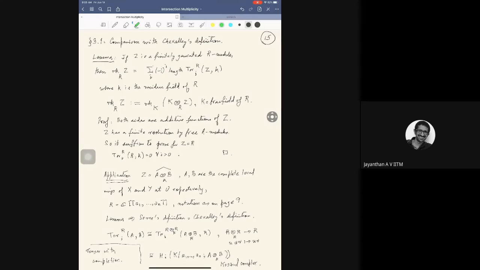So the first thing to be said is that in the familiar situation, by which I mean the geometric situation, this is no different from Chevalley's definition. And for that it's easy. There are two steps.